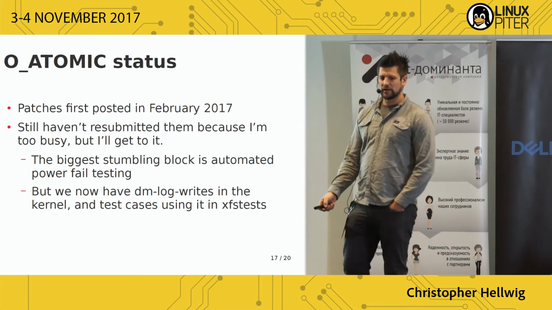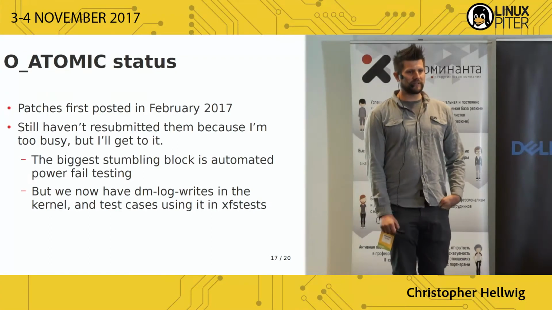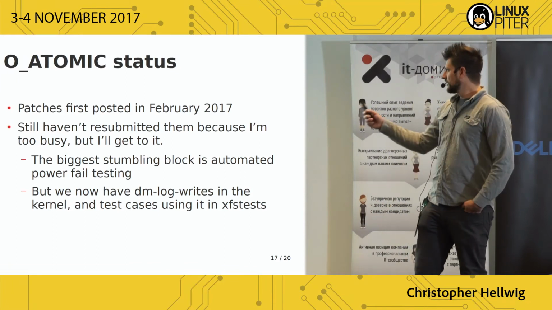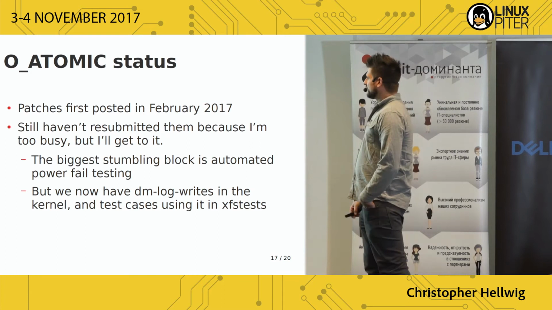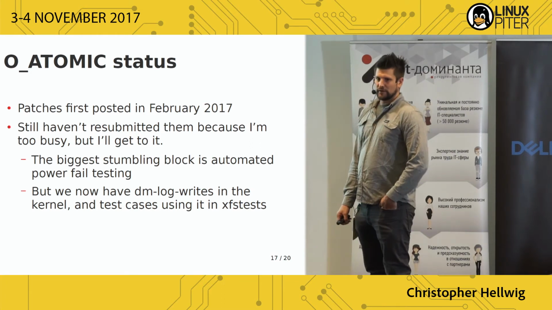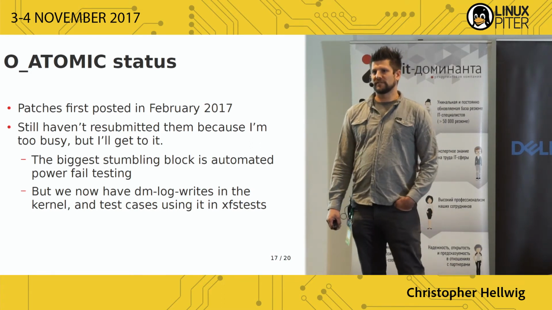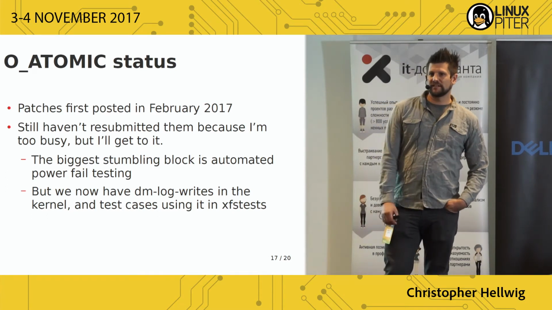data integrity, log consistency. And it turns out just about the time I posted the first patches, people finally started to get serious about it. So we have a device mapper log-writes target in the kernel, which basically can lose arbitrary parts of a write and logs exactly what it did.